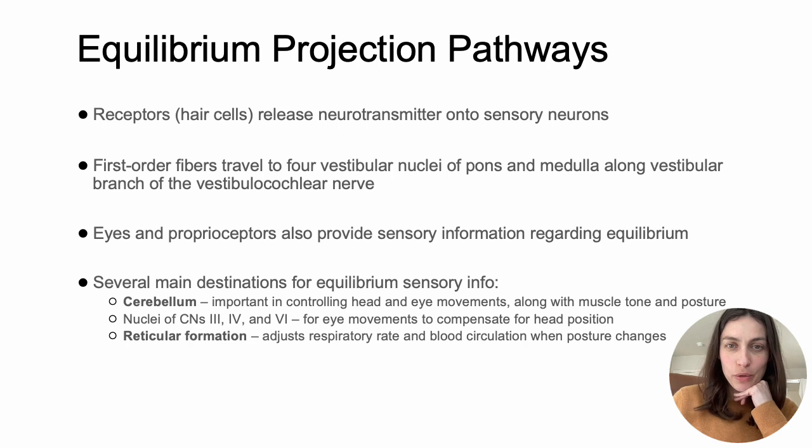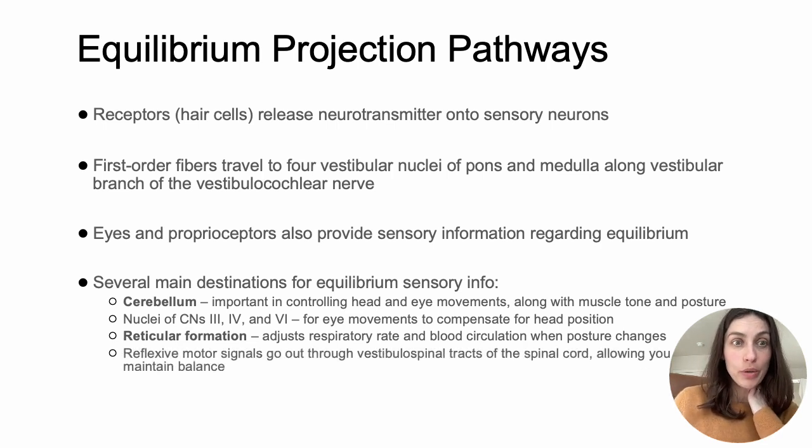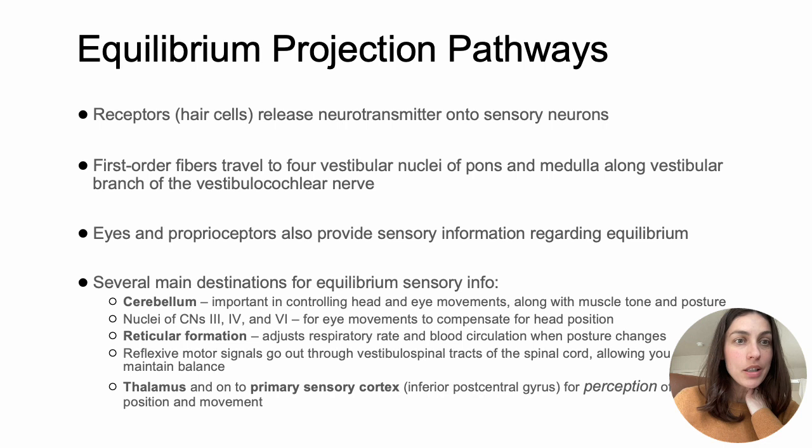Reticular formation, if you remember, is a cluster of nuclei in your brain stem that are going to adjust your respiratory rate and blood circulation when your position changes. Some reflexes may be activated at this point, allowing you to maintain balance. So you may need to shift some weight, use that knee-jerk reflex to balance you.